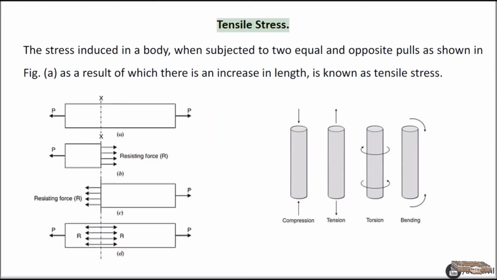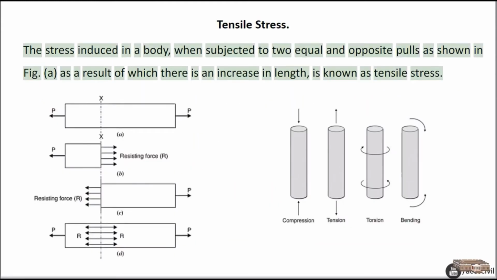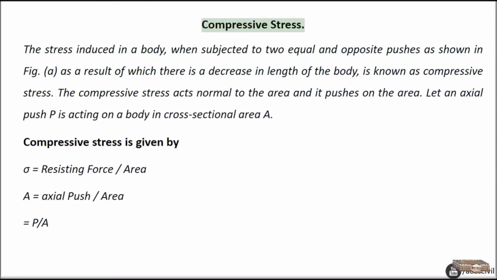Tensile stress. The stress induced in a body, when subjected to two equal and opposite pulls as shown in Fig. A, as a result of which there is an increase in length, is known as tensile stress. Compressive stress.